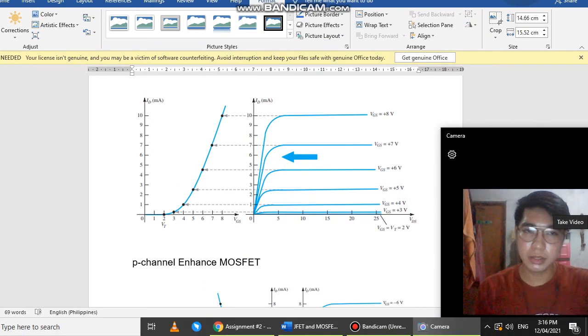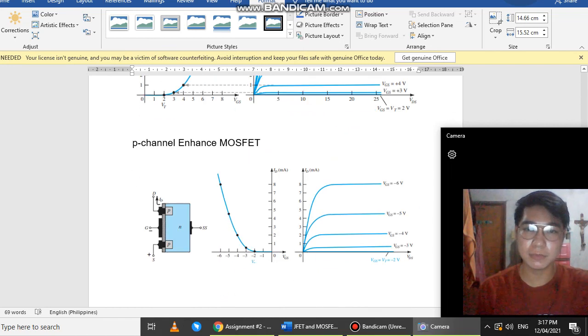It can be seen on the graph that as the VGS, or the voltage between the gate and the source, increases, the saturation level of the current acting on the drain also increases.